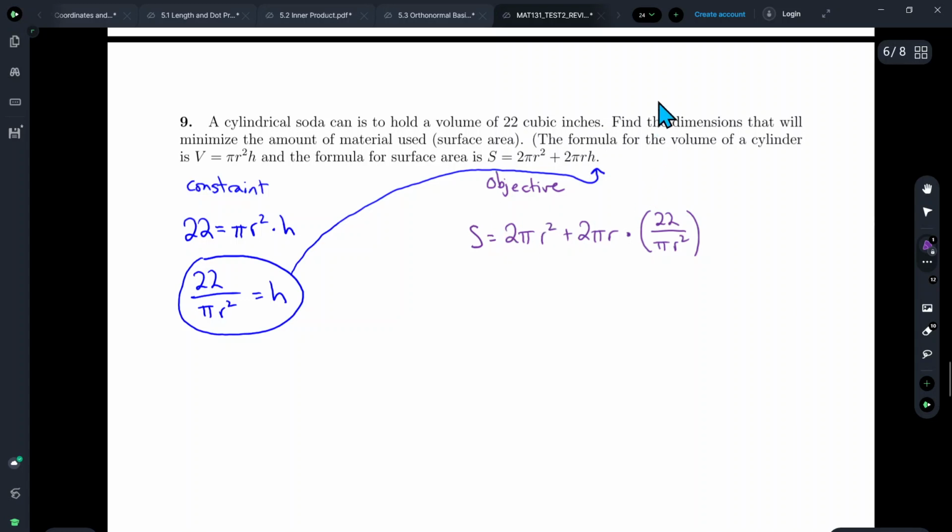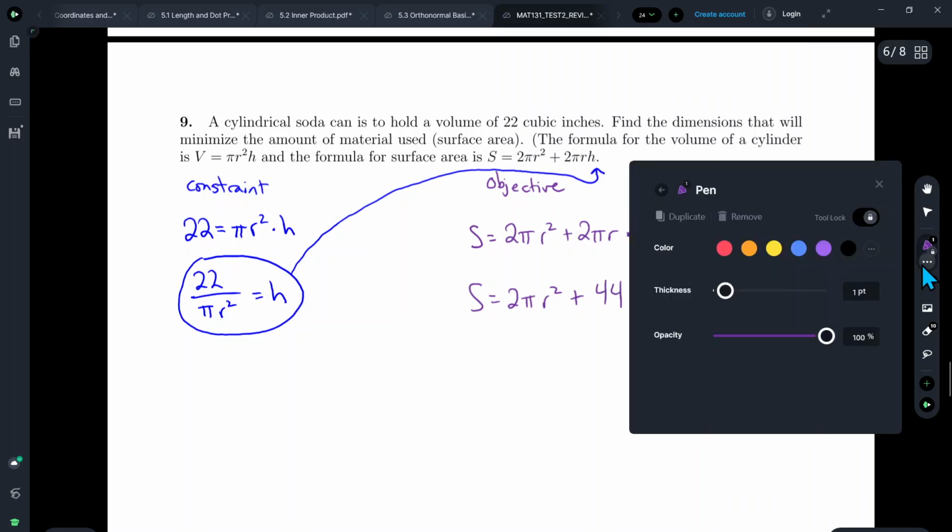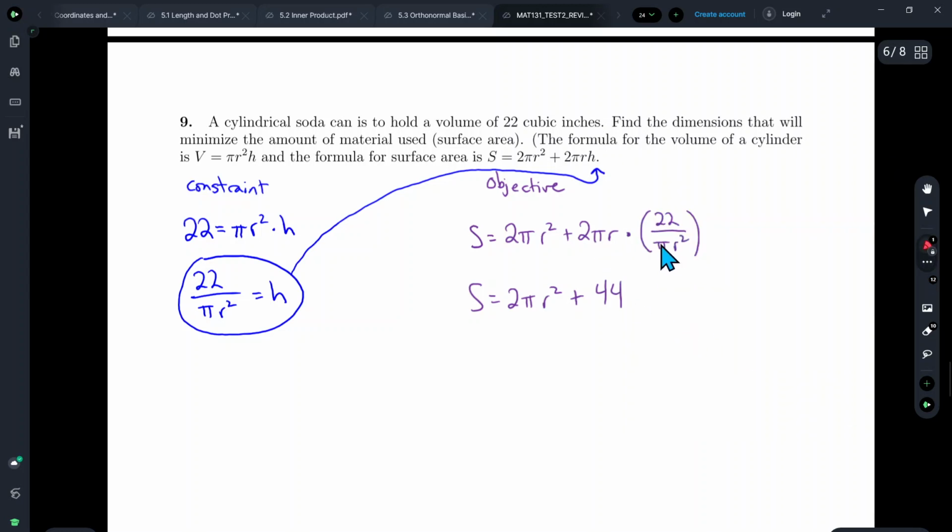Okay, so let's simplify this. Right, so S is equal to 2 pi r squared plus, and then 2 times 22 is 44. And then you can see that the pi divided by pi cancels out, and then this is r divided by r squared, so one of the r's cancels out.